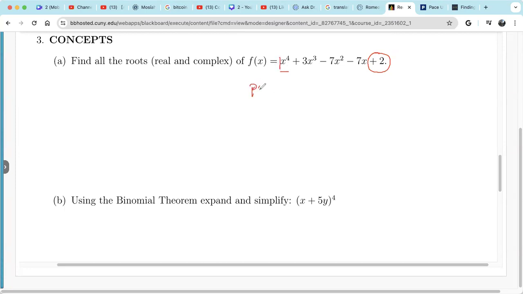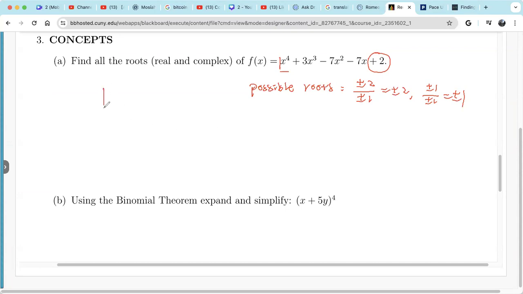So the possible roots are plus minus 2 divided by plus minus 1, which is plus minus 2, and plus minus 1 divided by plus minus 1, which is just plus minus 1.